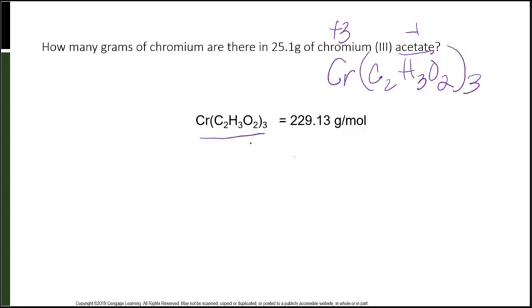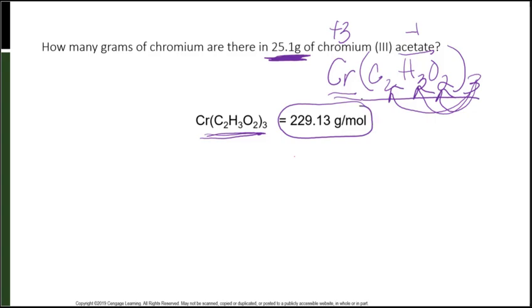So we would have to derive this, but this is given to us. And then in addition to that, if we've got grams, we got to get to moles. So we have to find the molar mass of this and add up 6 carbons, 9 H's, 6 oxygens, and a chromium. But they gave it to us. So I love it when problems come with that.